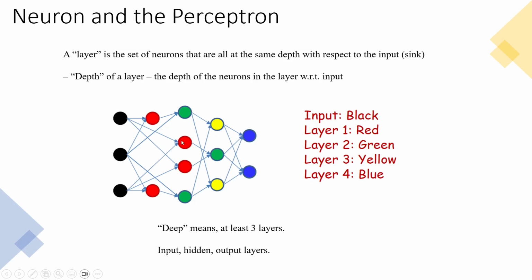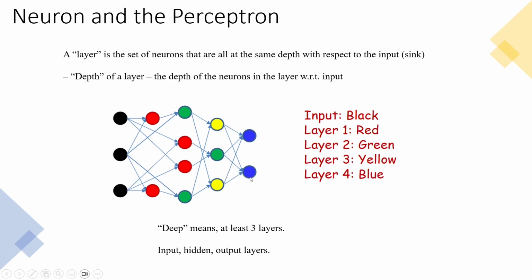Although they don't seem to be at the same depth visually, you need to follow the direction of the input. The input is going from this to this. That means this one and this one are supposed to be at the same level, although they visually don't appear at the same level. And these are supposed to be at the same level as well, and these yellow neurons are supposed to be at the same level as these.